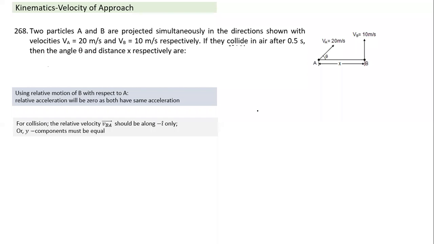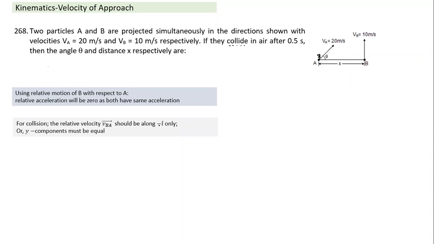So for collision, what is the condition we understand here? If I calculate the relative velocity of B, you understand this expression, Bhagishri? Yes, sir. This is velocity of B minus velocity of A, or velocity of B as observed by A. This is the velocity you will observe if you place yourself on the projectile A. So you are sitting on projectile A, and to you, B will appear to move with this velocity.